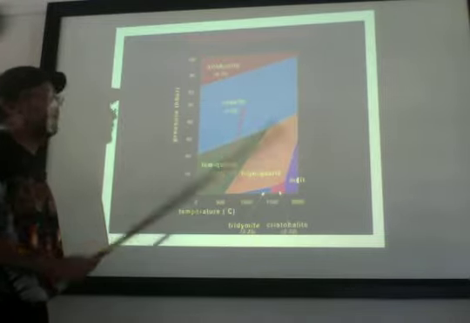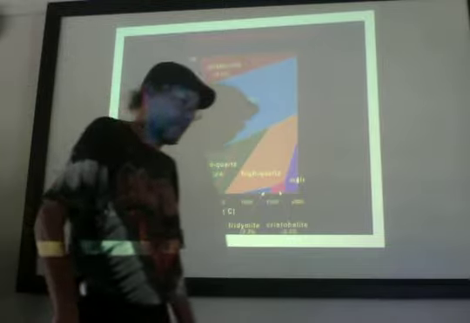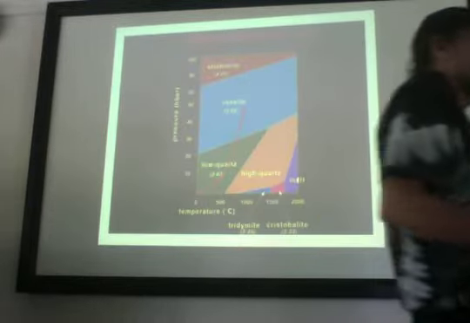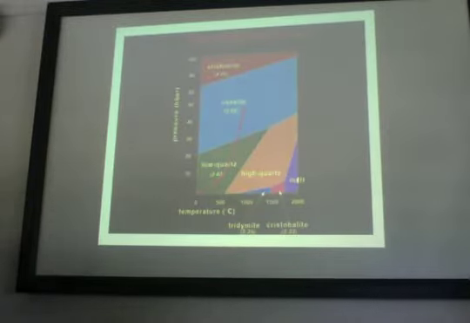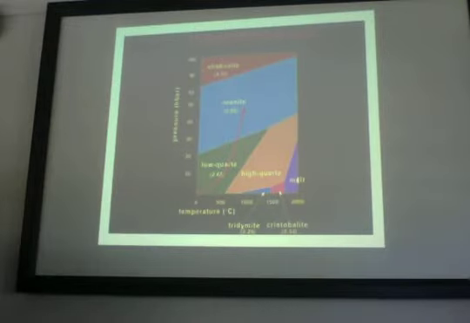Coesite you can still find, stable on the Earth's surface, but stishovite you cannot find. Some people say they have found stishovite, but I'm telling you there is no stishovite on the Earth's surface, because if you bring this mineral up to the Earth's surface, it will go back into the low quartz modification.